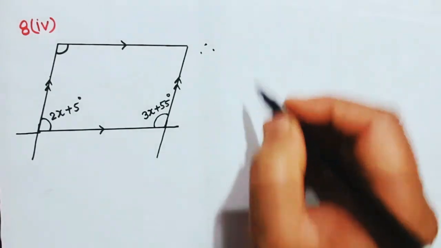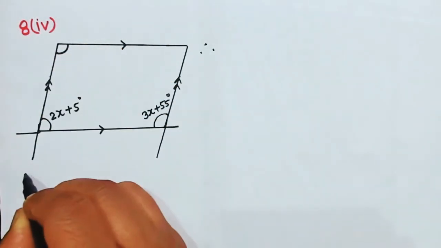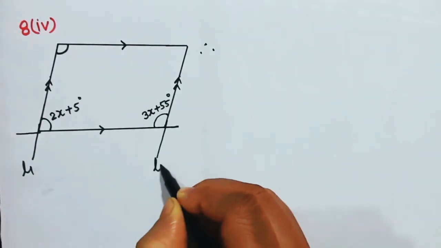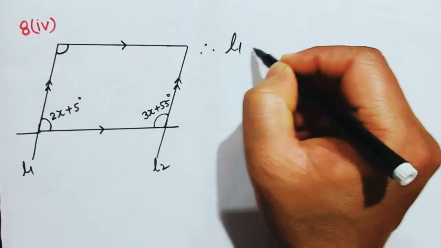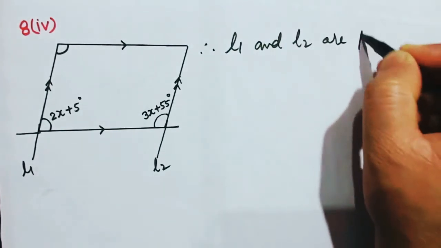Therefore, let me mention the lines L1 and L2. So L1 and L2 are parallel.